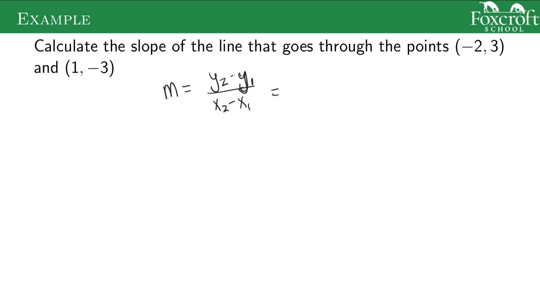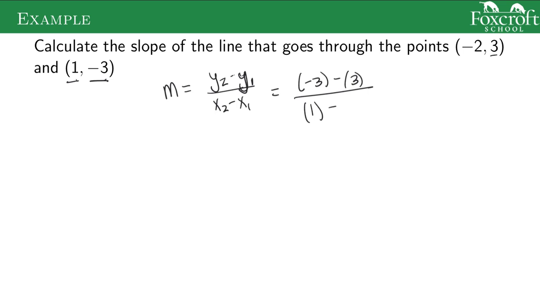So my second y value, I go to my second point, and the y value is -3. Then I go to my first point, and my y value is +3. And you notice I'm putting parentheses around the numbers because it helps you with the negatives because there's that subtraction sign. On the bottom, I have x2, so I go to my second x value, that's 1.